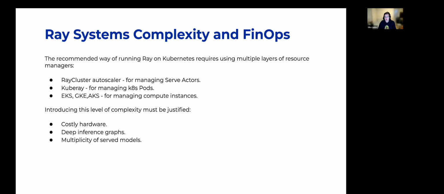Then there's KubeRay or the Ray operator, which manages Kubernetes pods and whole Ray cluster resources themselves, as well as some kind of resource manager outside of that, which would provision you compute instances. In our case, it was Google Kubernetes Engine, but if you're on AWS or Azure or any other cloud provider, I think Ray has support for that too.